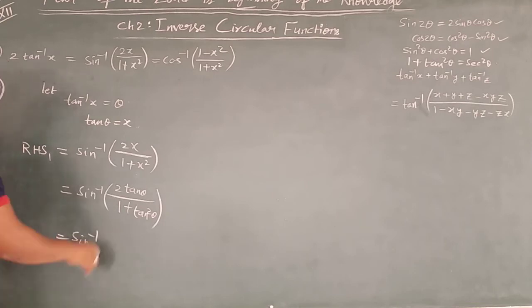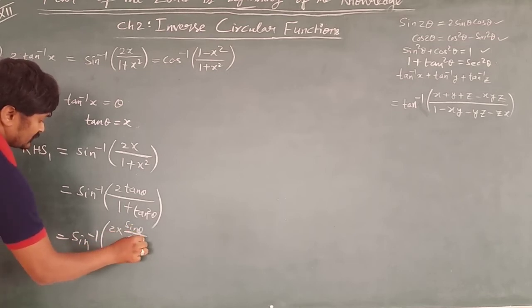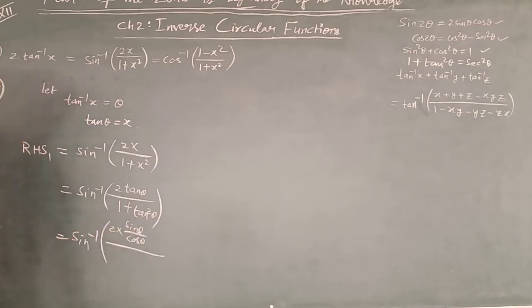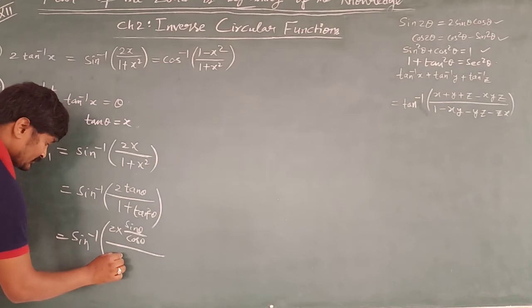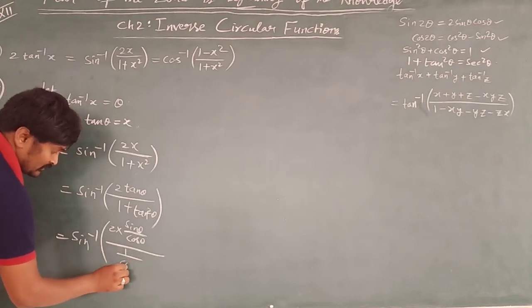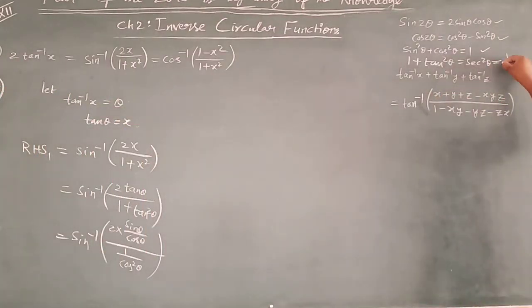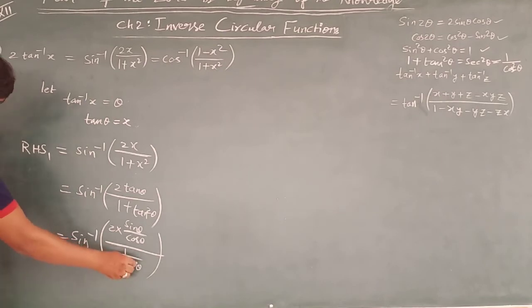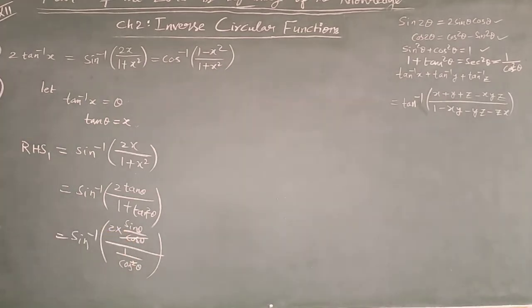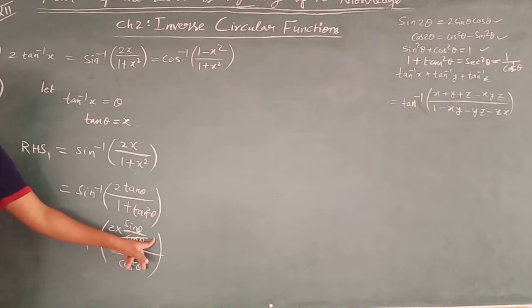Just substitute that. Sin inverse, 2 into tan theta means sin theta upon cos theta, upon 1 plus tan square theta means secant square theta, and secant square theta is nothing but 1 upon cos square theta. So now observe, the square and one cos theta get cancelled, the denominator goes to the numerator, and cos theta is going to be the numerator.